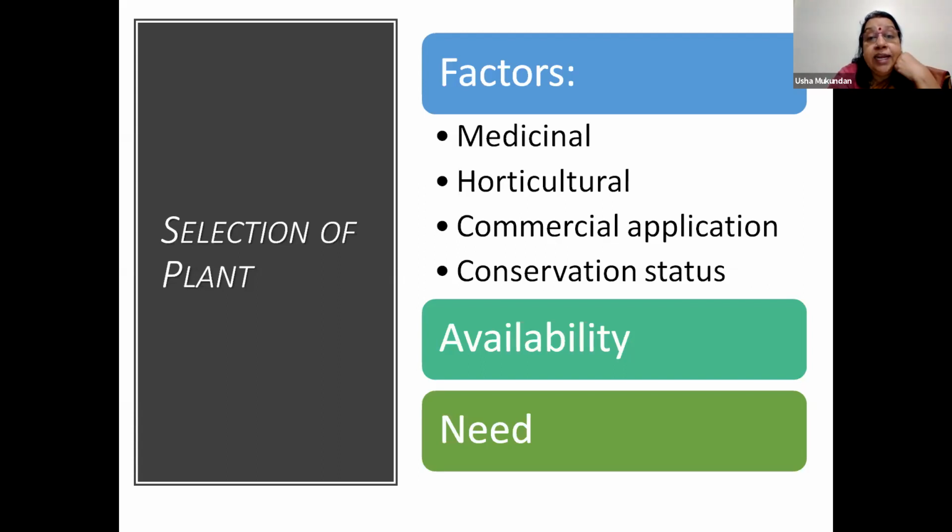And also, what is the need? You just don't do tissue culture for the sake of doing it. There should be a purpose of doing it. So if you want to supply, say, banana, many banana plants are propagated through tissue culture technique because it reduces the lifespan and they get true to type plants. So you get elite varieties.